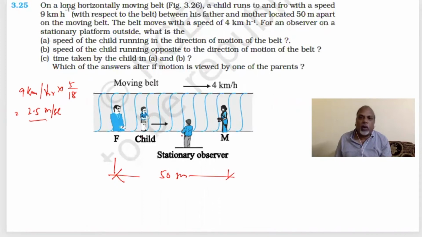For an observer on a stationary platform, suppose this is the observer. Naturally, when he sees the boy, suppose the belt is 4 km per hour, which means 4 into 5 by 18 meter per second.